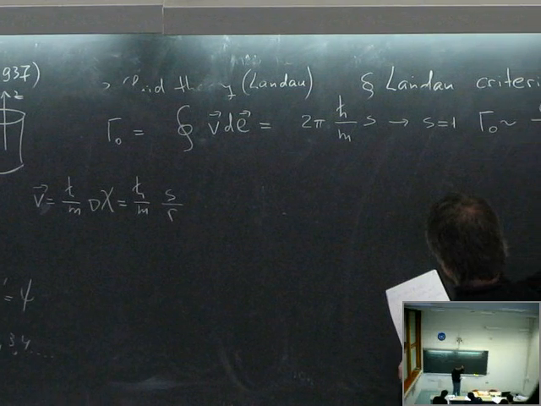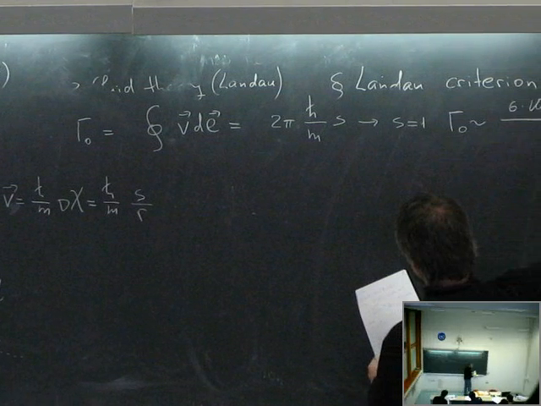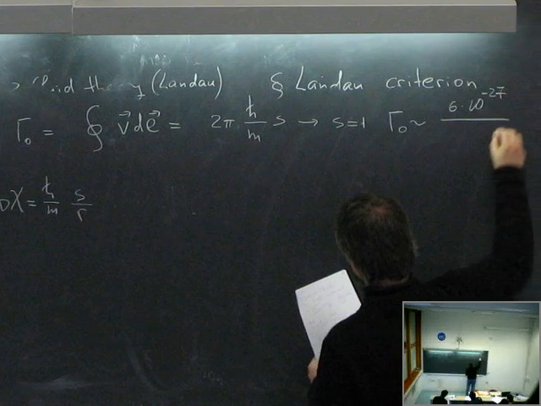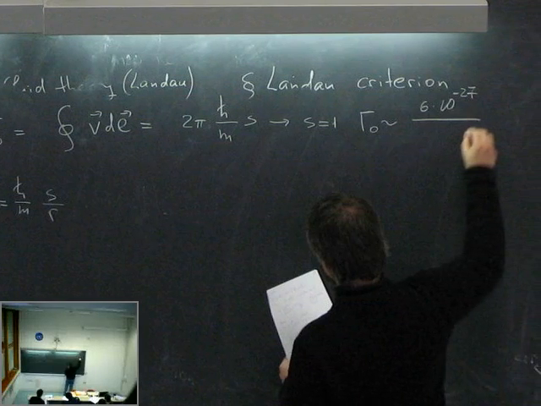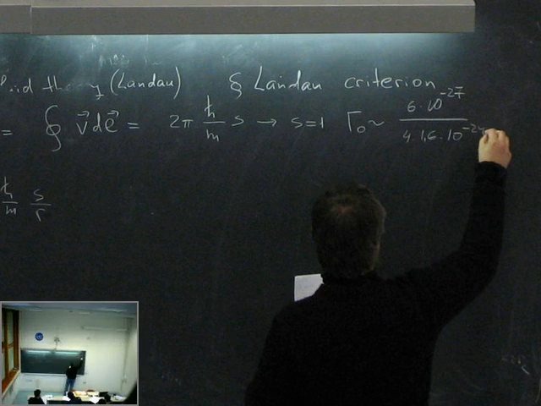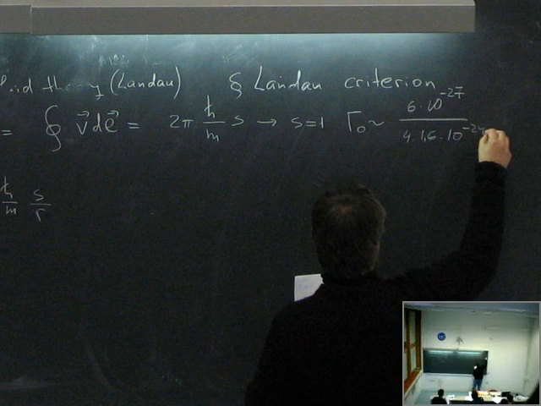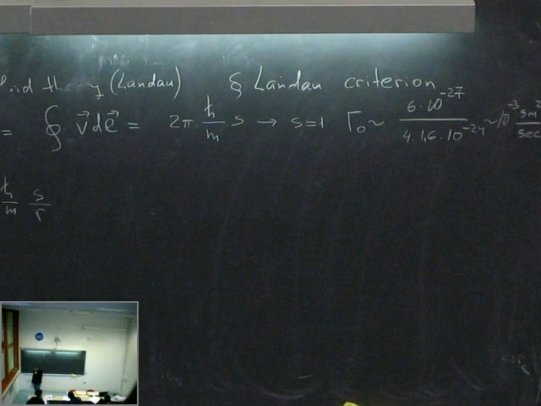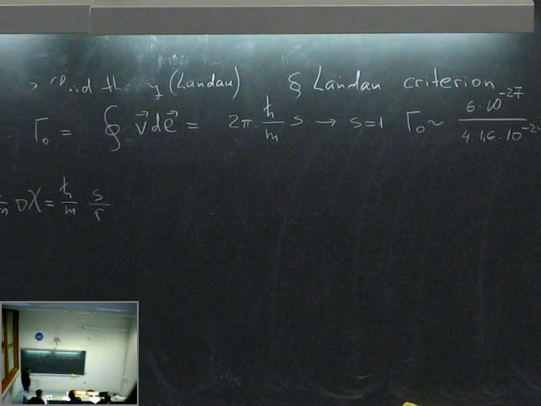If I put the helium mass, helium-4, it's 4 times 1.6 times 10 to the minus 24. So in total, we have 10 to the minus 3 centimeters squared per second. So this is a quantum of circulation.